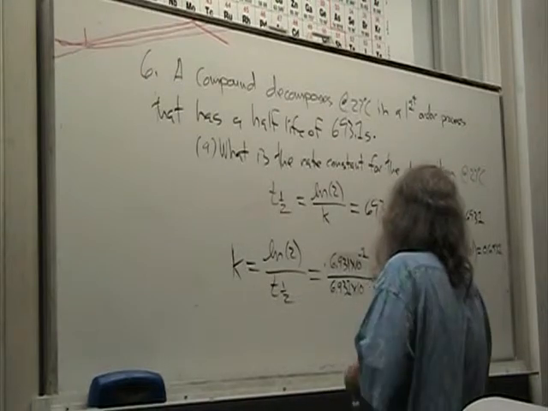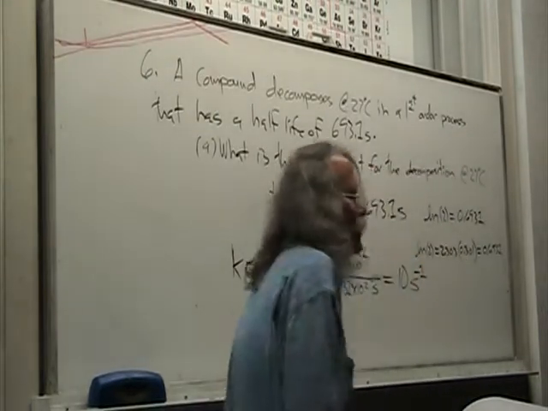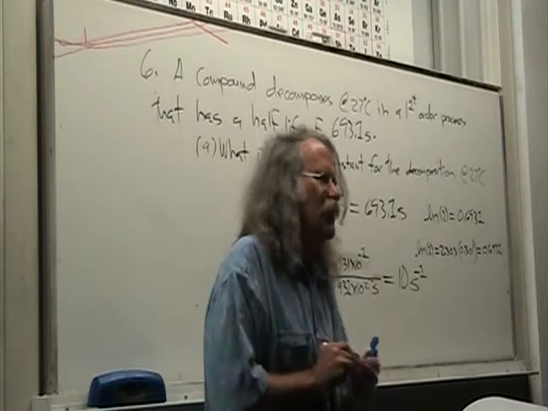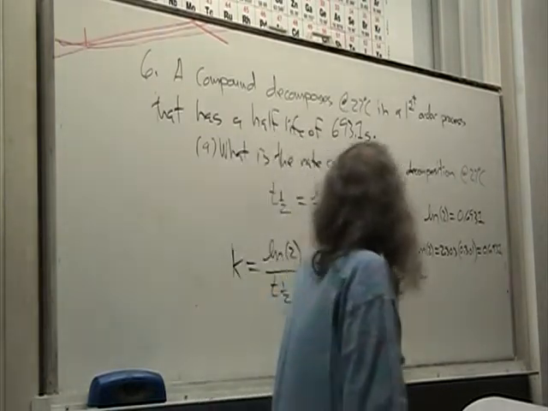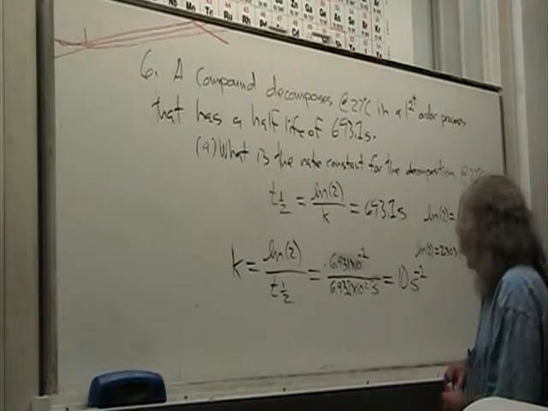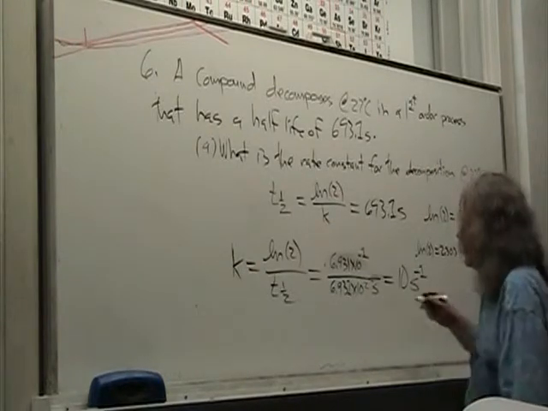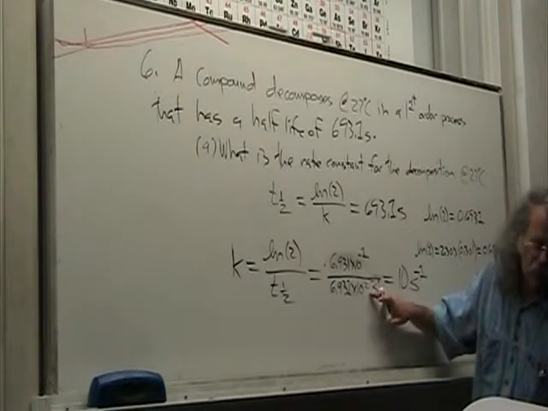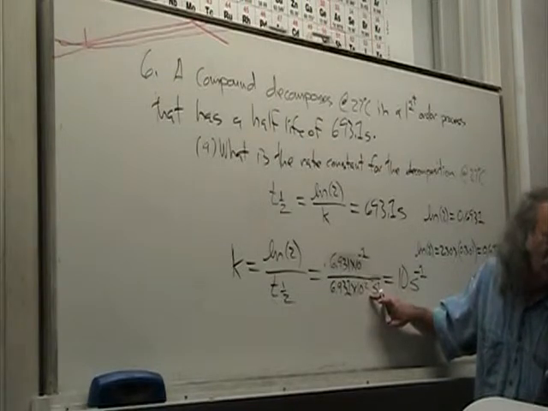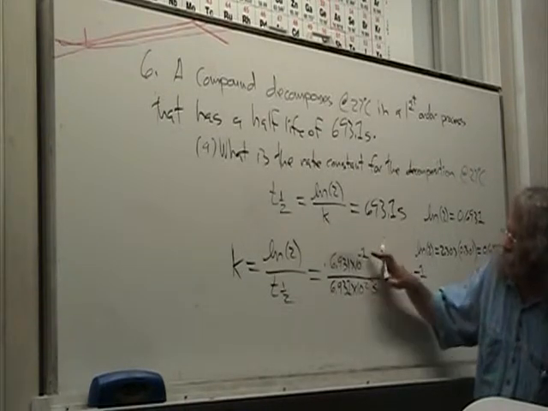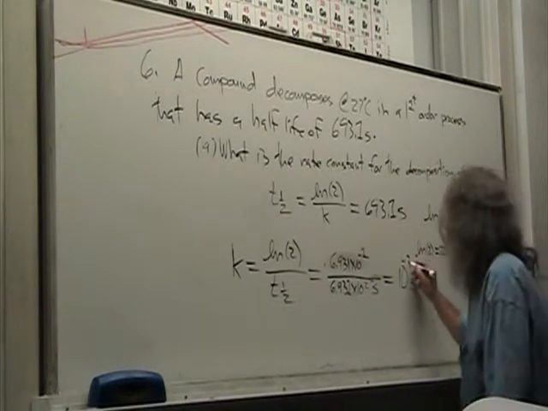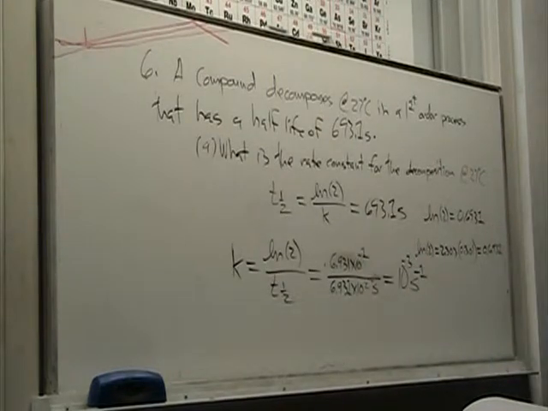There's where I made my mistake. So 10 to the minus 1 divided by 10 to the 2 is 10 to the minus 3 per second. Much better. Thank you for catching that.